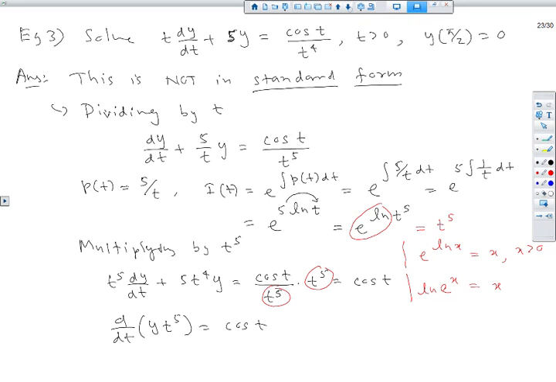So integrating, we have y t to the 5th power equals the integral of cosine t dt, which is sine t plus c. Integral of cosine is sine, so sine t plus c.